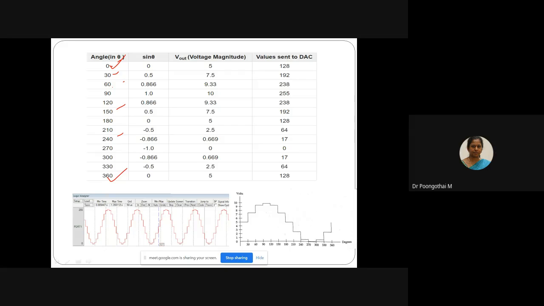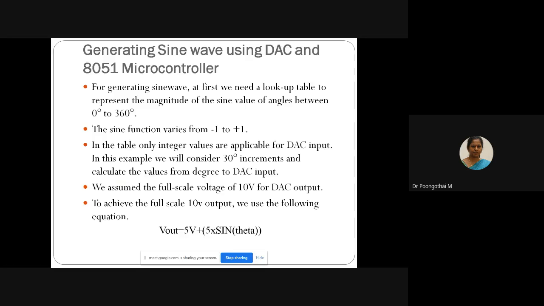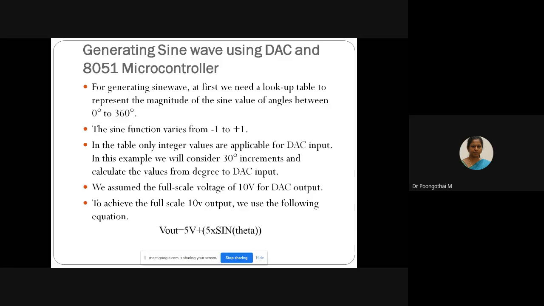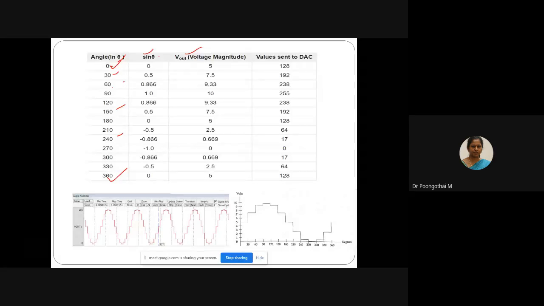Next, sine theta will be calculated. Based on this formula, we have to calculate Vout. So calculate sine theta first, and Vout will be calculated using this formula, 5 volts plus 5 into sine theta. And the value sent to the DAC can be calculated.